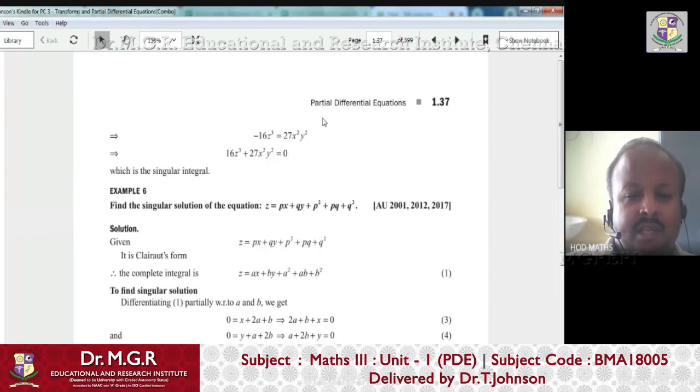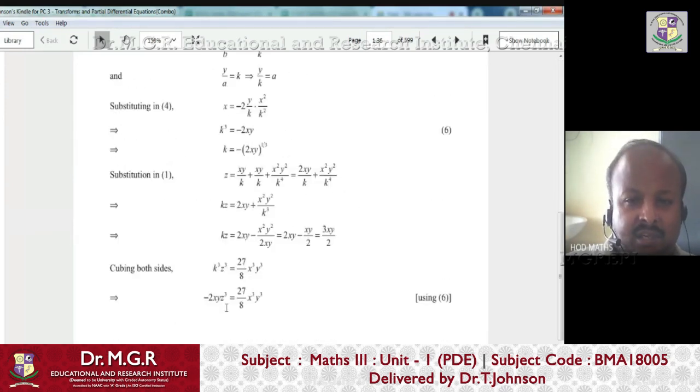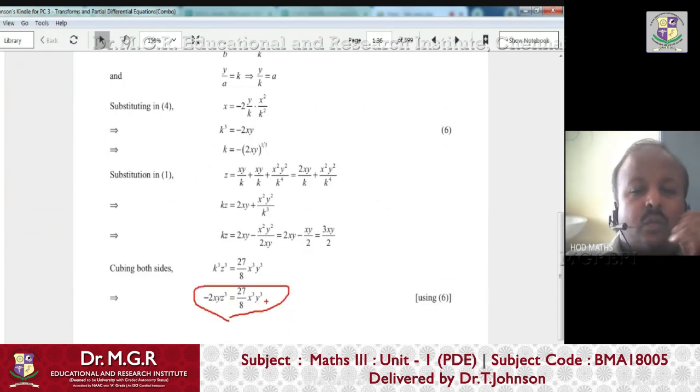Then you will get a nice equation like this, which contains only x, y and z. That is nothing but the singular solution of the PDE. Because what is a singular solution? A singular solution means one which doesn't contain any arbitrary constant or any arbitrary function.